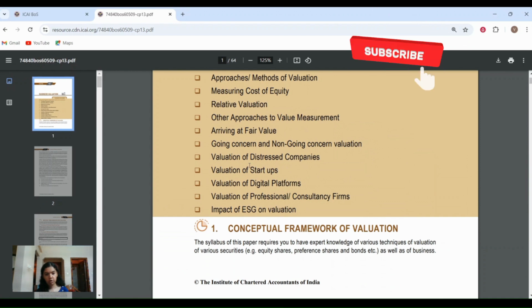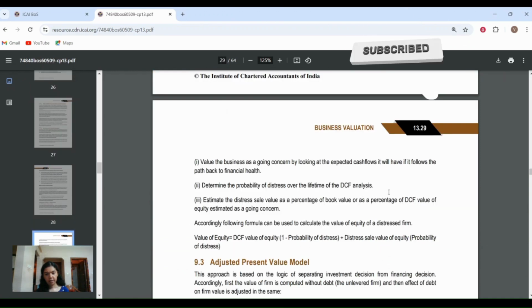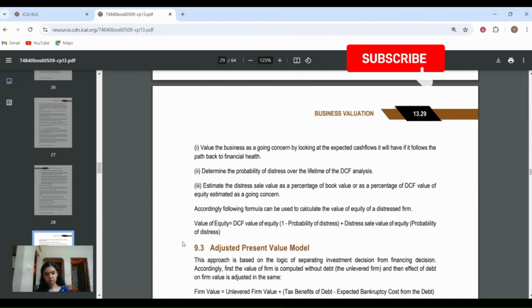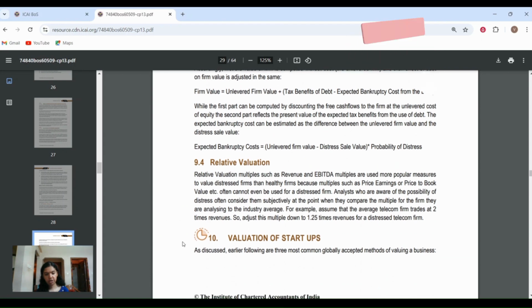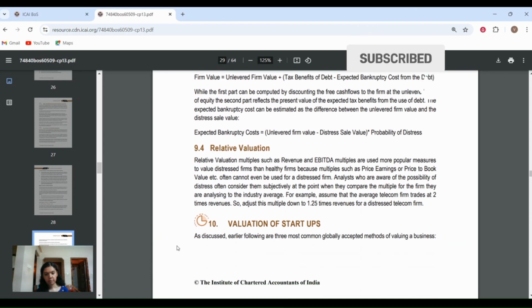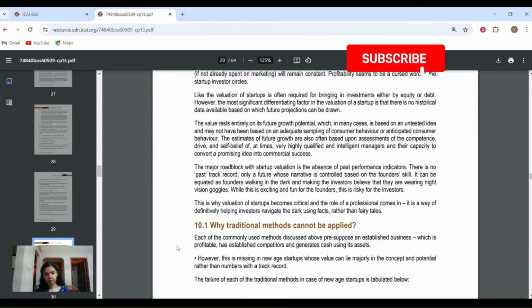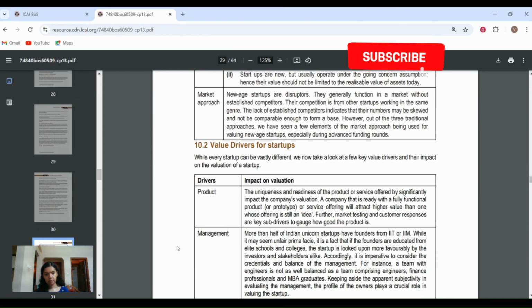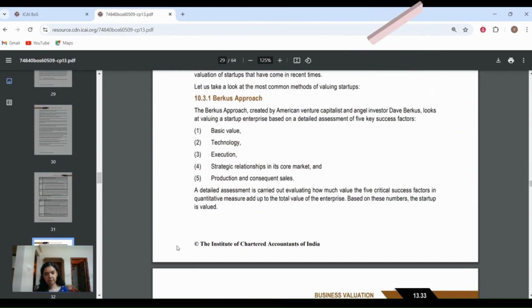Here if you scroll down, you can see valuation of startups. And here on page number 13.29, if you scroll down, you can see valuation of startups. This topic has been addressed here. Scroll down further.